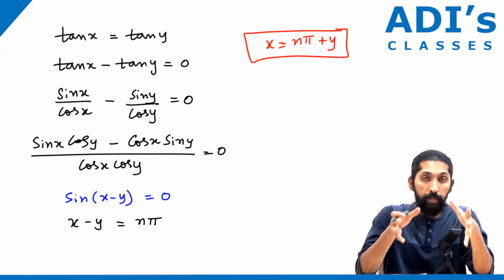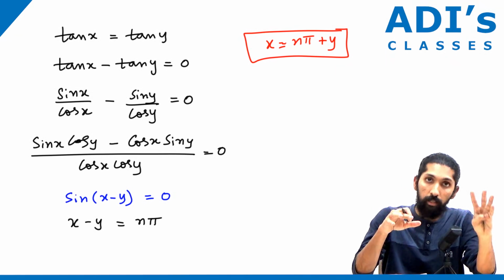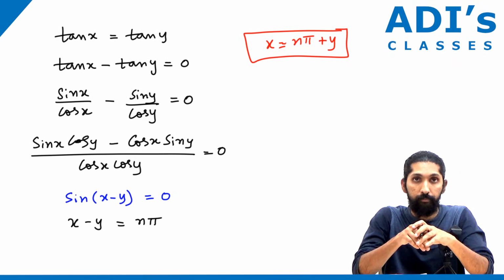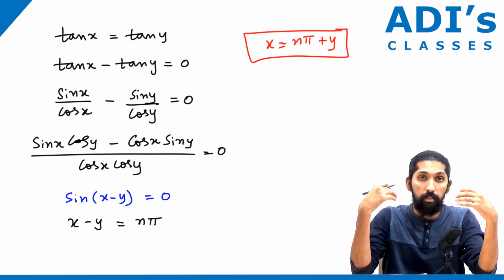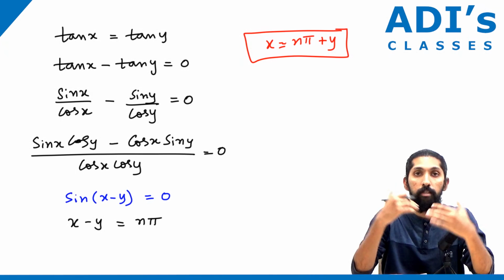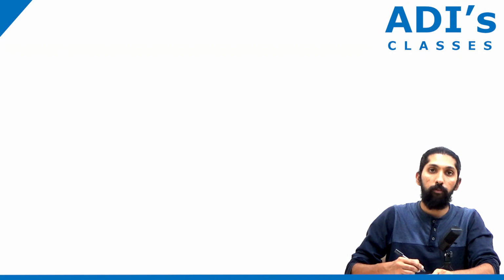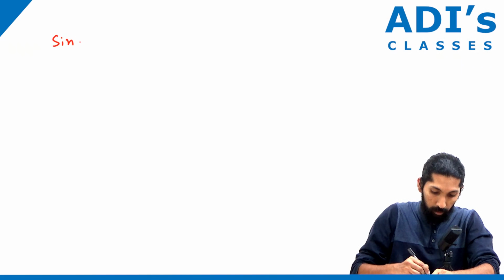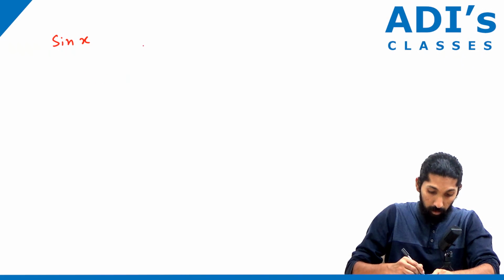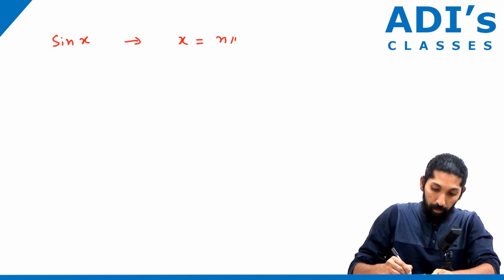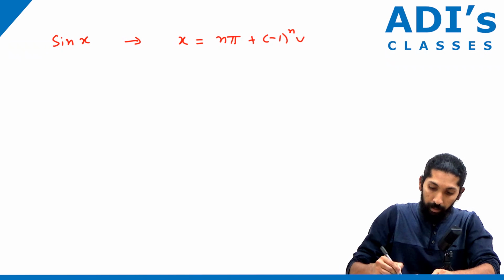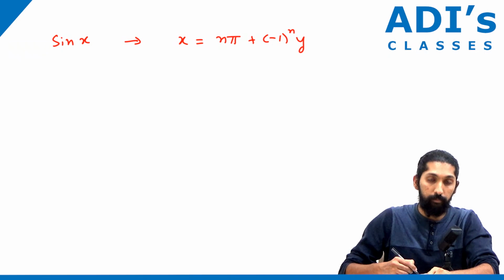This is going to be the general solution for the tan function. So what we did is we derived for all the three: sine, cos and tan. Correct? So let's just do everything together. Let's write down the formula of all the three trigonometric functions together. See what we have for the sine function. If you have sine of x, then the general formula is going to be x is equal to n pi plus minus 1 power n into y for the first one.